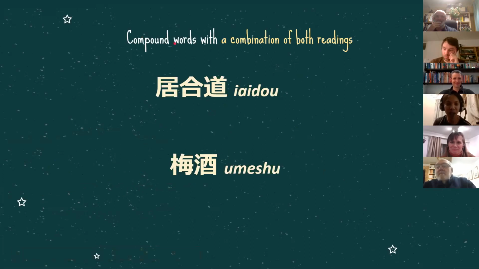And here are some examples of compound words with a combination of both readings, like Iaido. Ei is actually a Japanese reading, like iru, to be, and au, to meet. And do is the Chinese word for the way. And umeshu, plum wine. Ume is the Japanese word for plum, and shu is the Chinese word for alcohol.